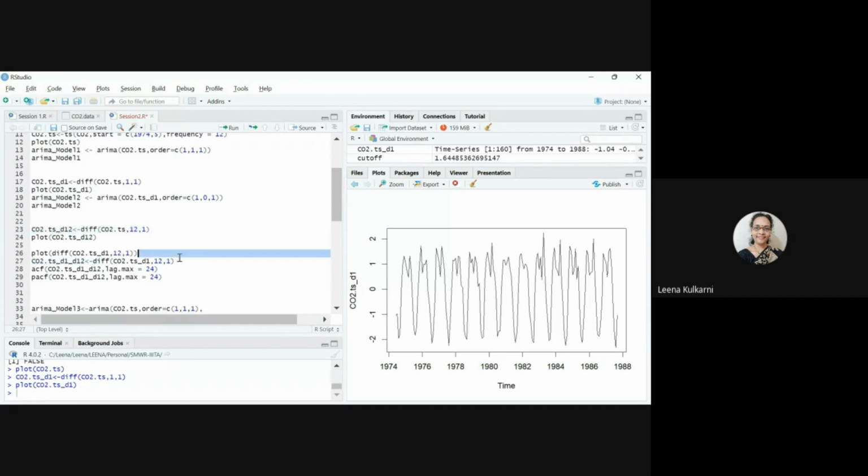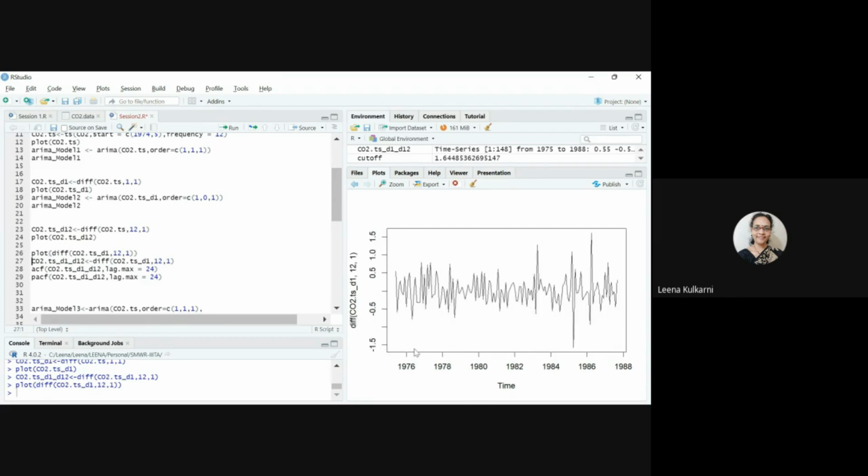If you see, it is this command where the first order differenced series is now again differenced seasonally. So here the seasonal period is shown as 12, but the order is 1. And you can look at the plot of this series, which is first order and seasonally differenced.